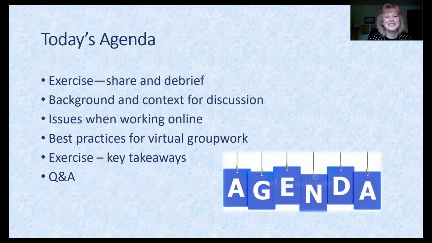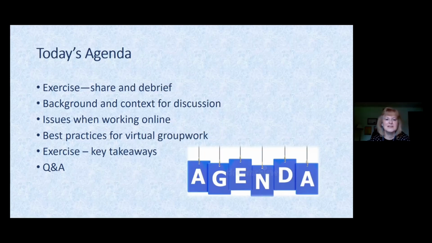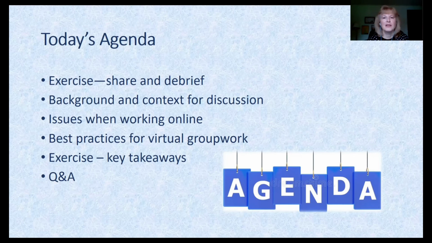So let's look at the agenda for today. Before everybody zooms out, because we know it doesn't take too long for you to get distracted and start doing other things, we're going to start with a little sharing exercise and then a debrief exercise. Then we want to talk a little bit about the background and context for the discussion, because there are so many elements of groups that also apply to virtual groups and groups that you're working with online.